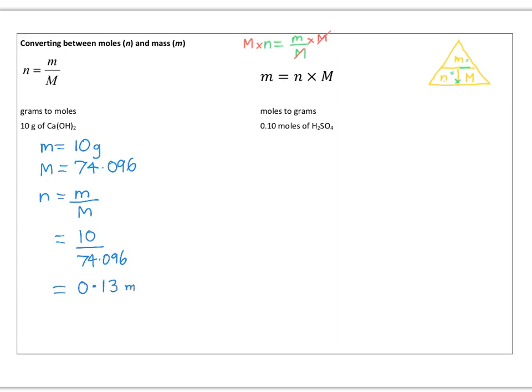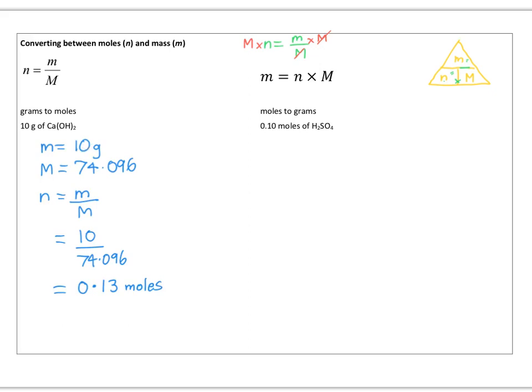0.13 moles. Now, I've quite intentionally only gone to two significant figures, 1, 3, because our mass here was only given to two significant figures. We did know the molar mass to 5 significant figures, 1, 2, 3, 4, 5, but when you work out an answer, you should give it to the least number of significant figures of the information you were given.